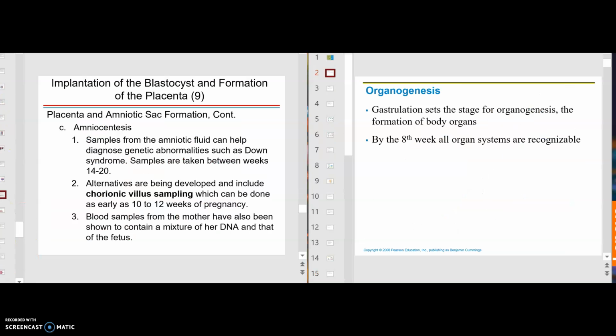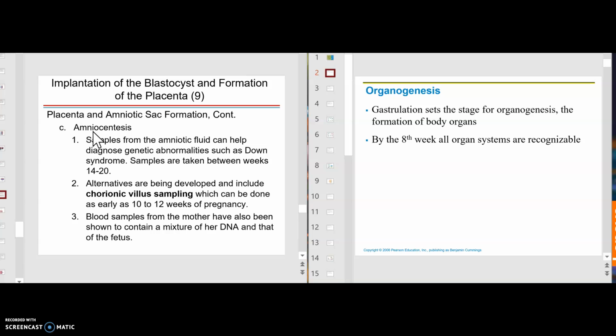Okay, class, we talked about the formation of that amniotic sac. So let's talk about amniocentesis. Well, an amniocentesis basically is a test where a needle is stuck through the maternal abdomen into the amniotic sac to try to obtain fluid to do genetic testing and other things, particularly for Down syndrome, because remember the amniotic fluid is a product of the conceptus.